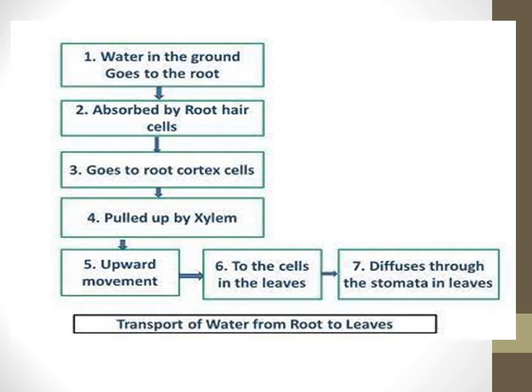So this creates an upward movement. Now the sixth step, to the cells in the leaves. While doing this upward movement, finally the water reaches the leaves, and the seventh one, it diffuses through the stomata into the leaves, and slowly and gradually this water reaches the leaf.